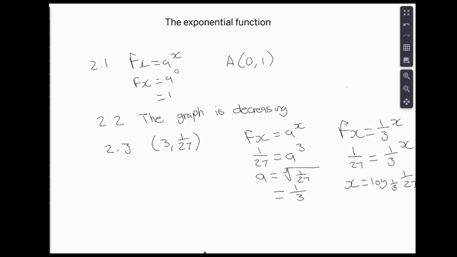You type that into your calculator, you find that the value is 3. Remember, you can do this when working with exponents.